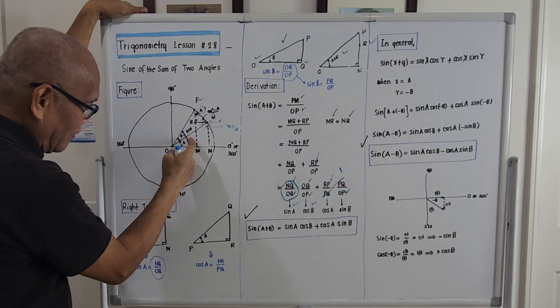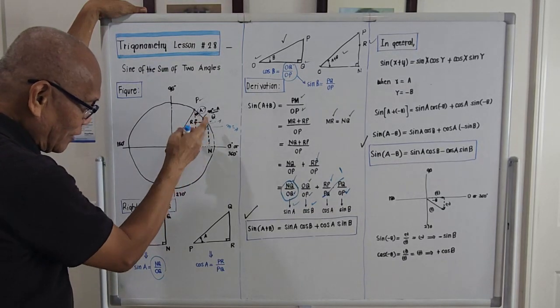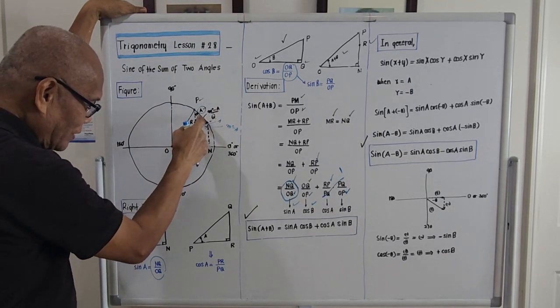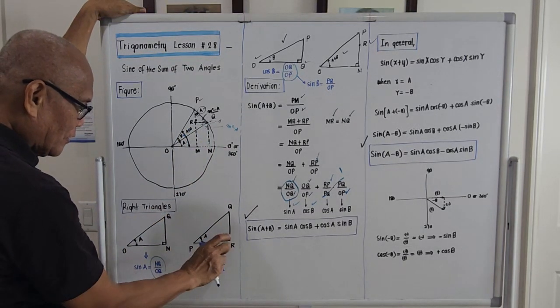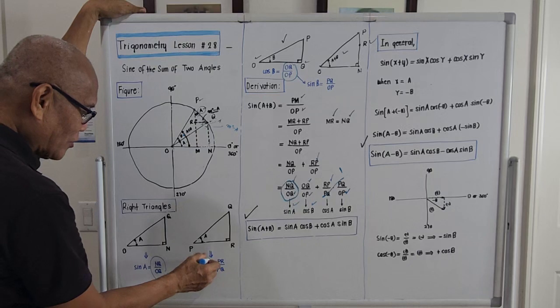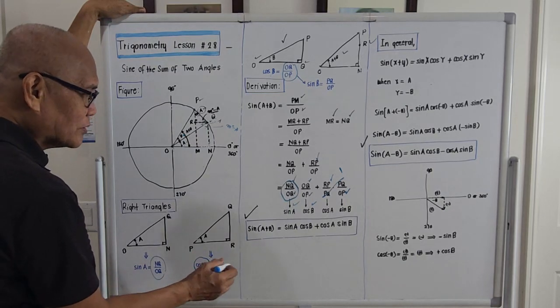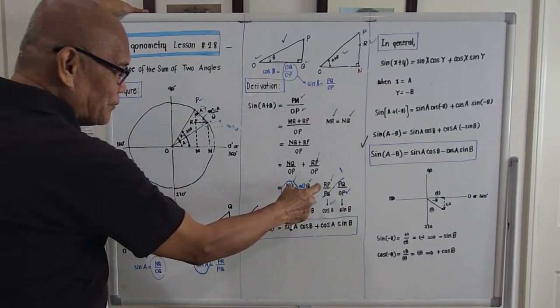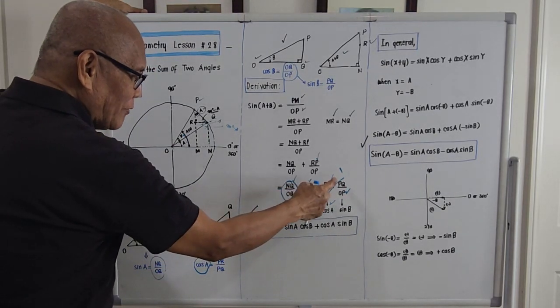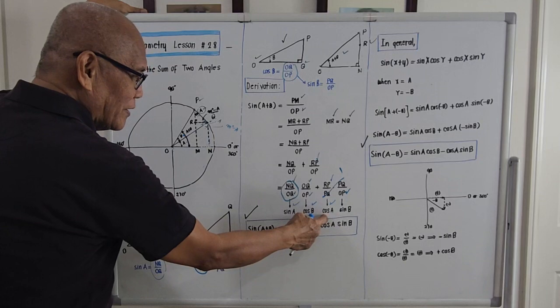This is the same angle A, but the equivalent of angle A in terms of the other values will be this one. So if we take the ratio PR over PQ, that is actually cosine of angle A.